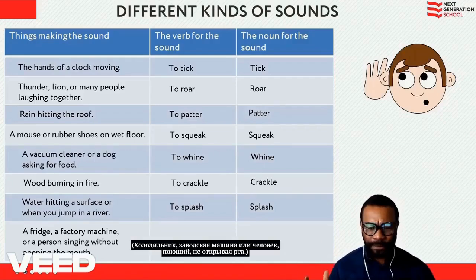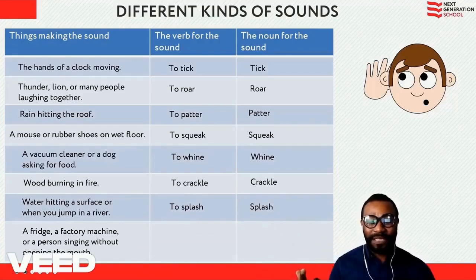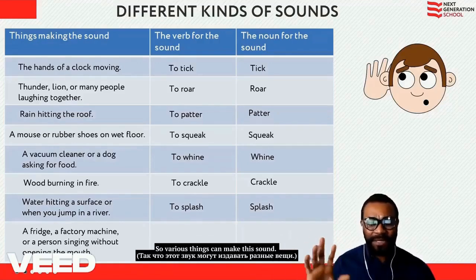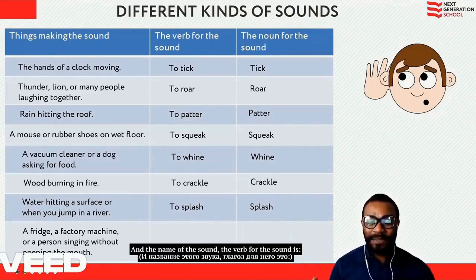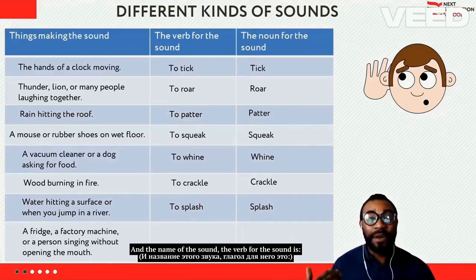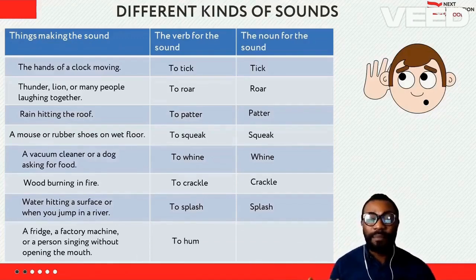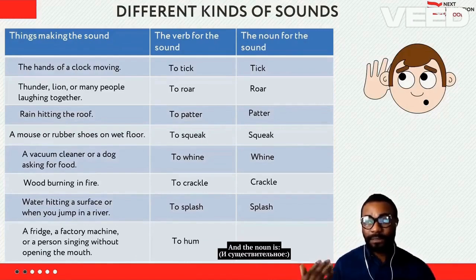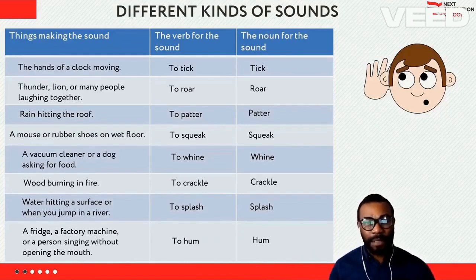a fridge, or a factory machine, or a person singing without opening the mouth. So various things can make this sound, and the name of the sound, or the verb for the sound, is to hum, and the noun is just hum.